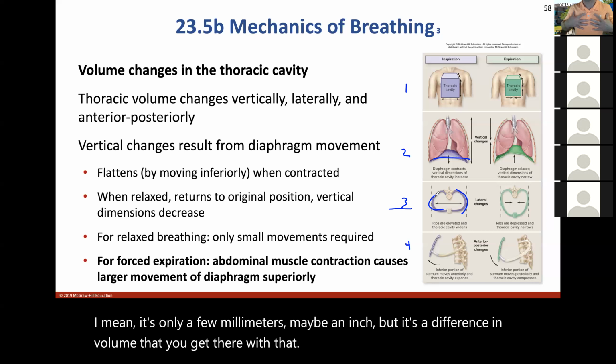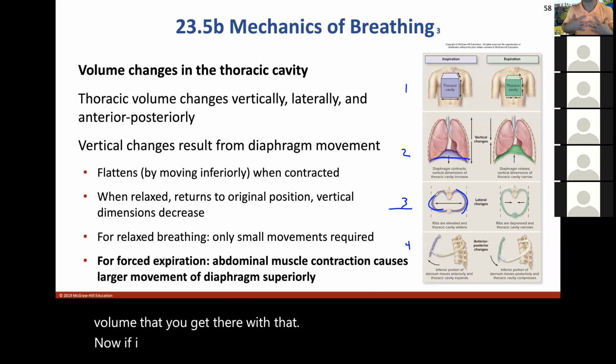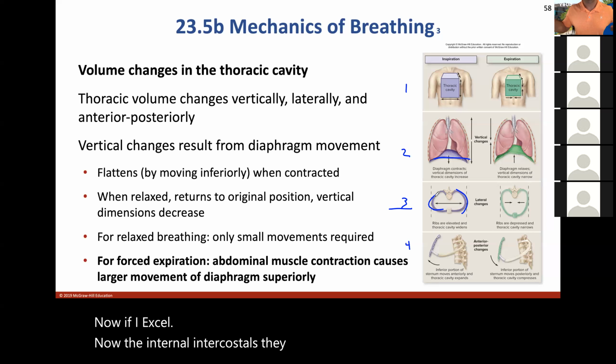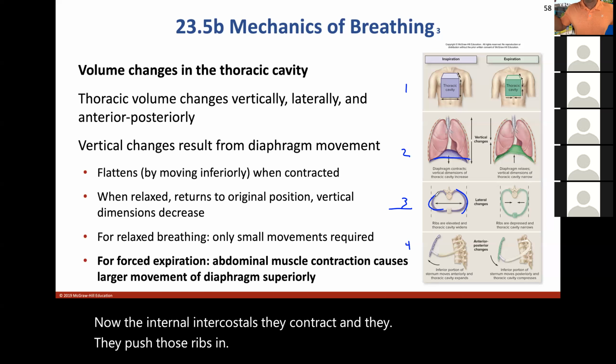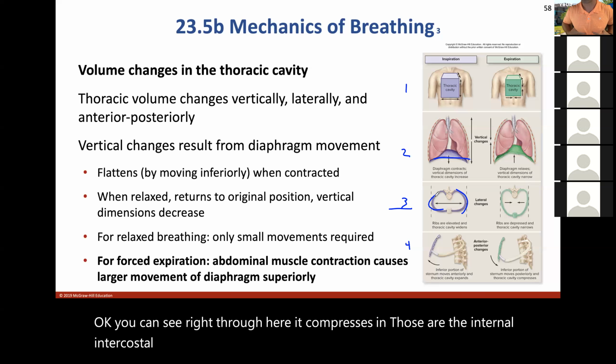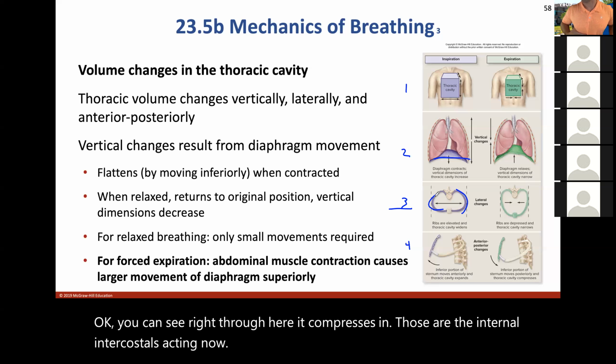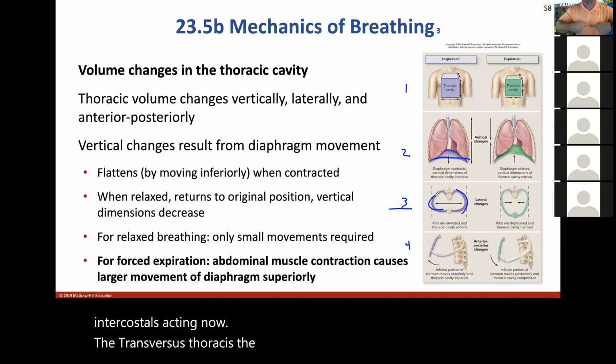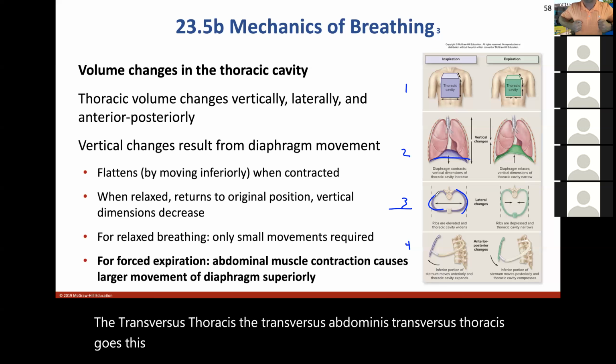Now, if I exhale, the internal intercostals contract and push those ribs in. You can see right through here, it compresses in. Those are the internal intercostals acting now. The transversus thoracis goes this way and helps to pull that rib cage in.